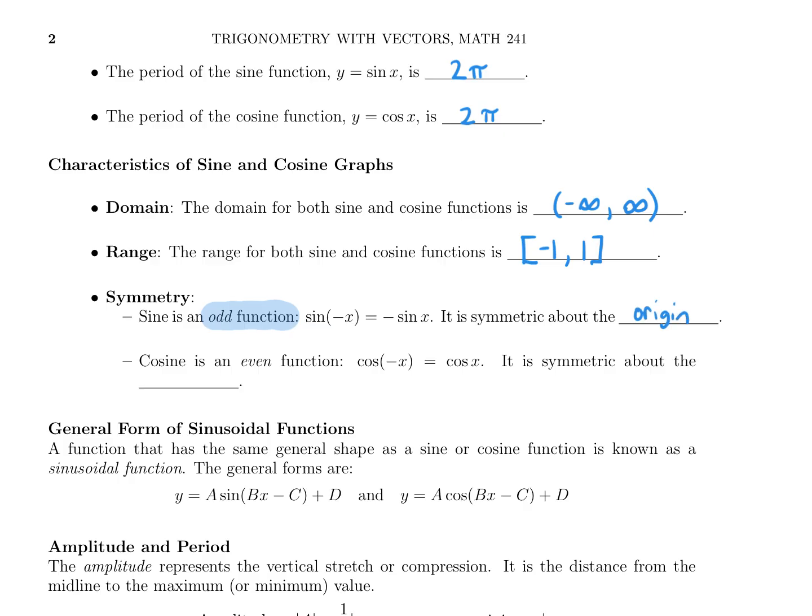The cosine function, on the other hand, is called an even function because when you take the cosine of a negative angle, it's going to equal the cosine of the positive angle. So that's called even. The difference is that for sine you would multiply by a negative, and for cosine you would not. So in this case, it's going to be symmetry over the y-axis.